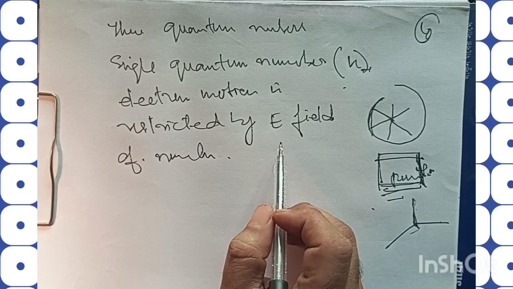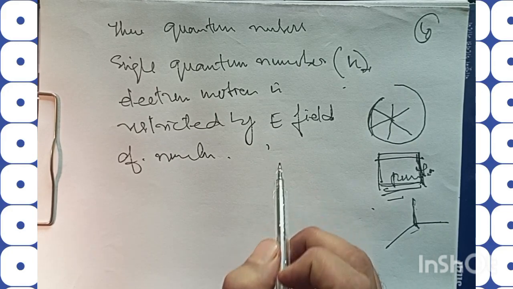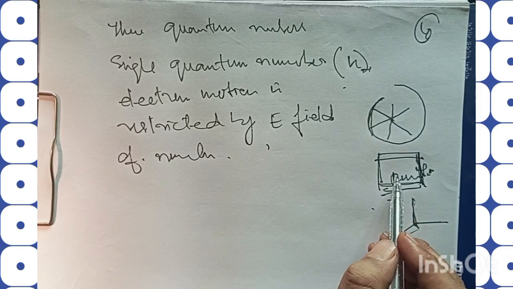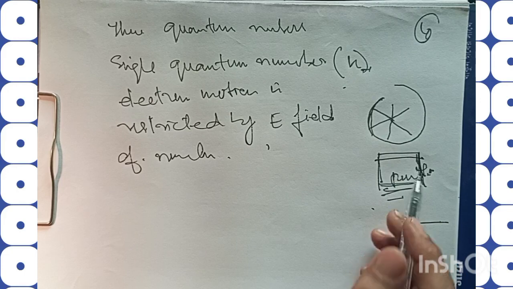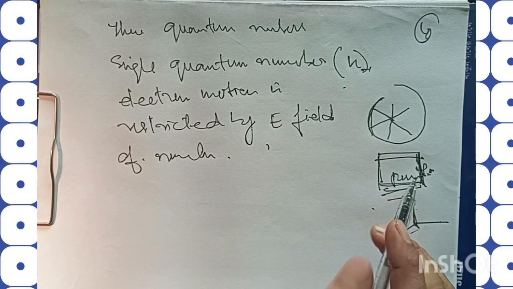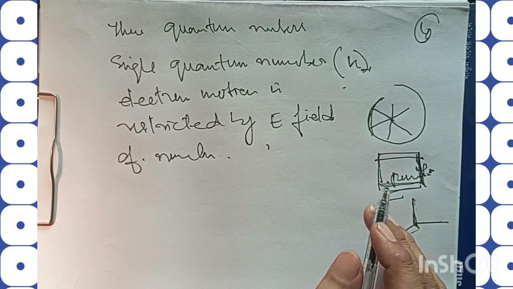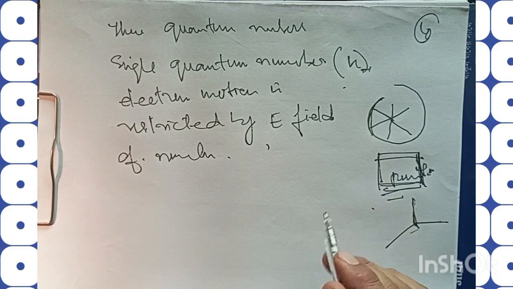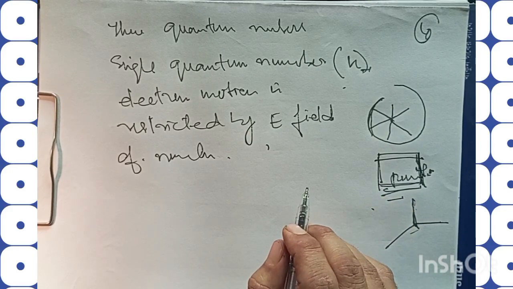This electron is free to move in three dimensions, and it is not surprising that three quantum numbers govern the wave function in the case of the hydrogen atom.